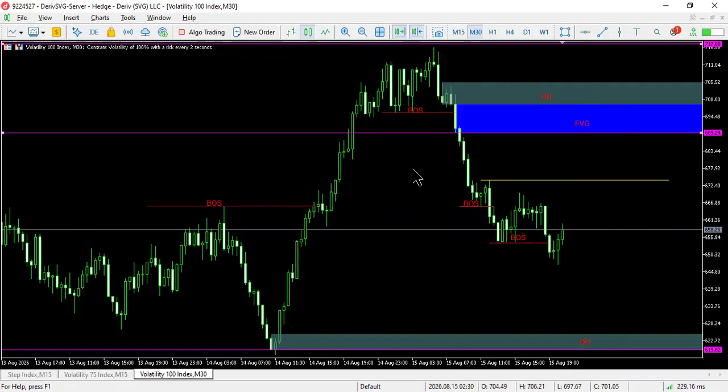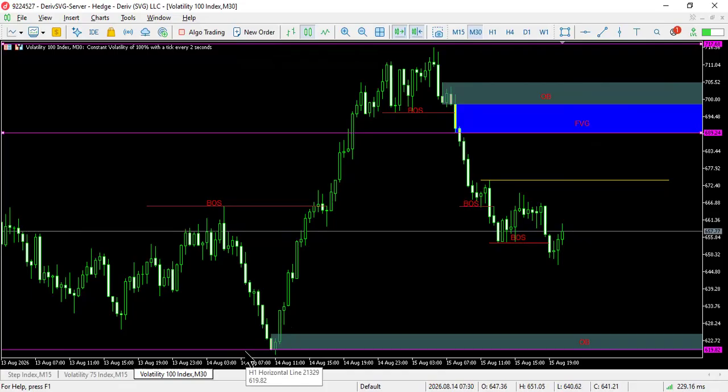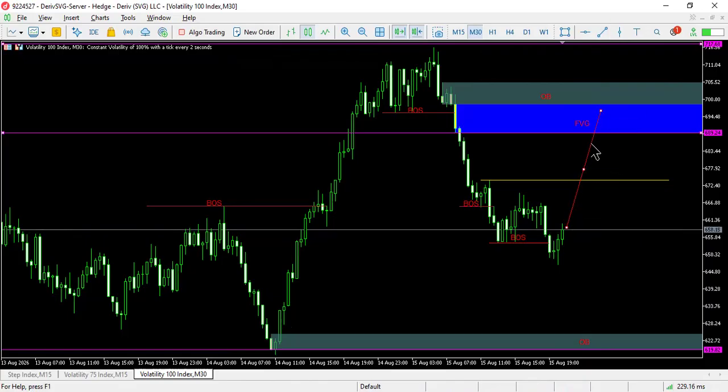All right. We can go ahead and place a sell limit on volatility 100 with our entry price at 689.24, stop loss at 717.68, take profit at this extreme low at 619.82, and always apply proper risk management. Therefore, I'm anticipating for price to sweep this liquidity, take me into my FVG and then continue to the downside because the overall trend is bearish.